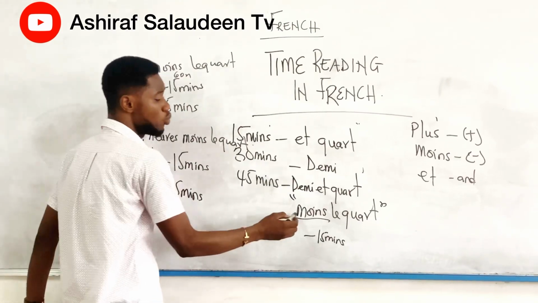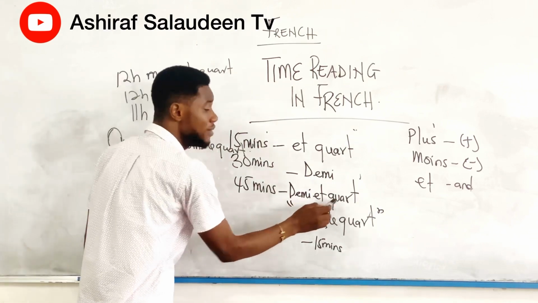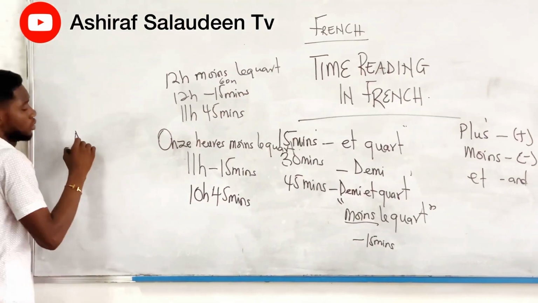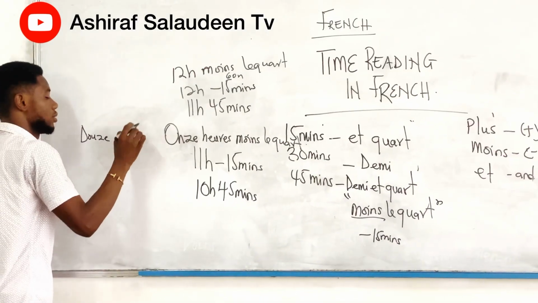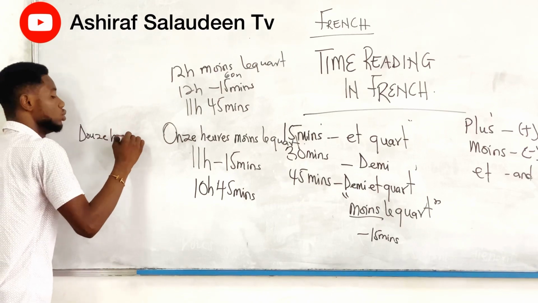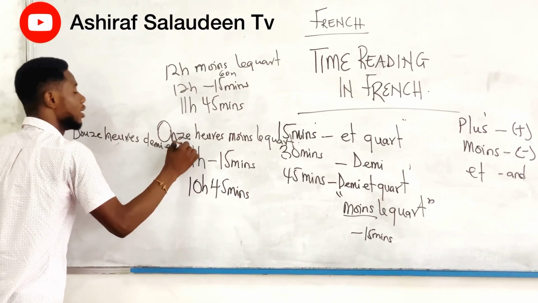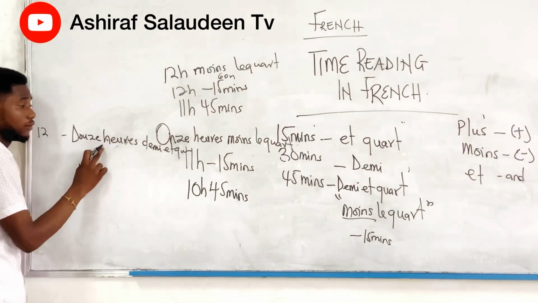Okay? So sometimes when le quart is used to represent 15 minutes, et demi is also used. So if you see 12h30, this means 12, 12 in French is 12.